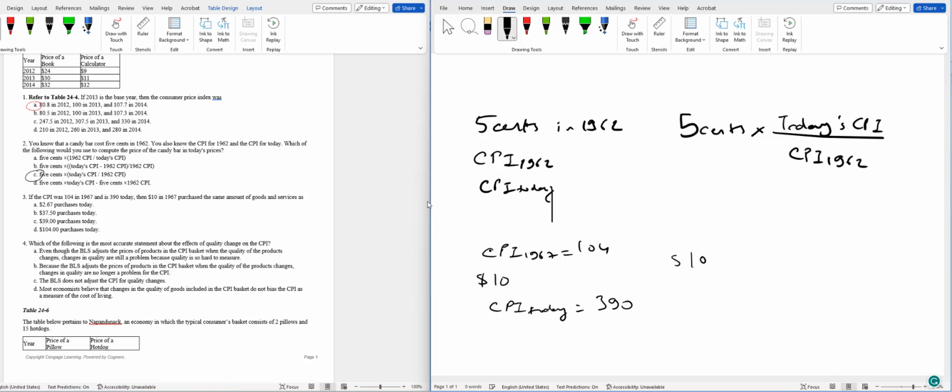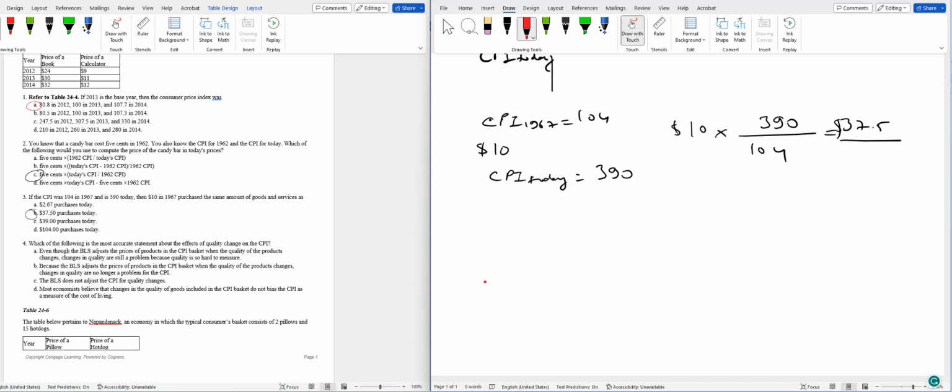So you take $10, multiply by today's CPI and divide by CPI in 1967. And therefore, if you do this calculation, you'll find out that the answer is $37.5. So you need to spend $37.5 to buy the same goods and services that were $10 in 1967.